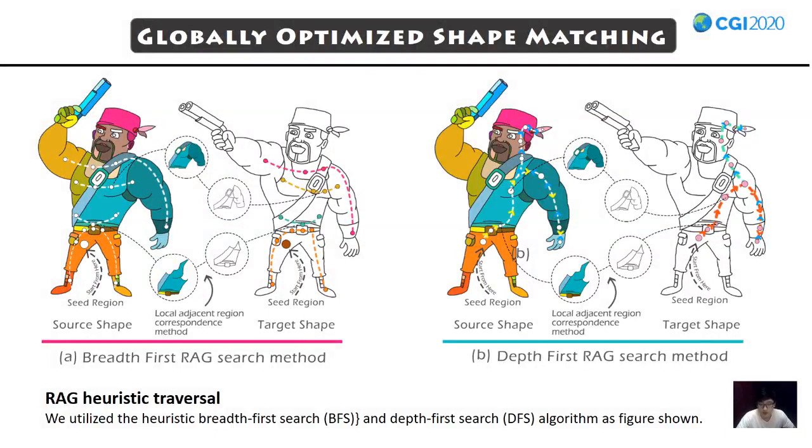We traverse the two RAGs at the same time, where we utilize the heuristic BFS or DFS algorithm as the figure shows. Starting with the seed regions, each time we visit a new node, respectively, two new LRAGs will be generated, then the LARM models will be called.